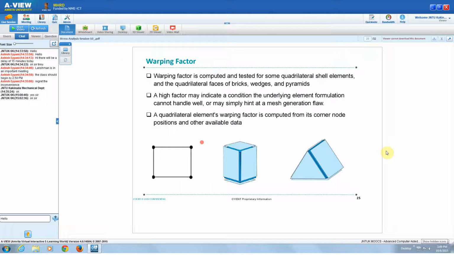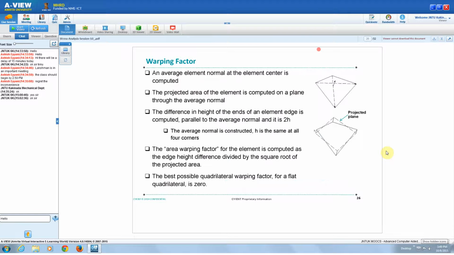And this warping factor is calculated based on corner node positions and other available data. Let us see what is involved in calculating this warping factor.